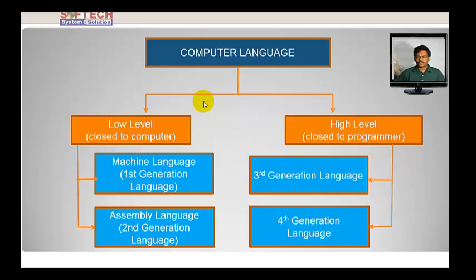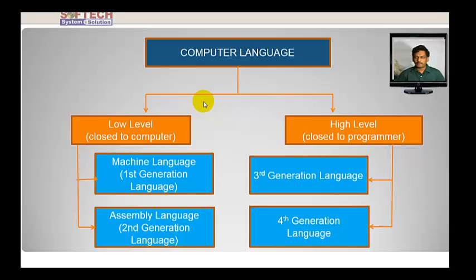The common usage of language is to communicate between two entities. It may be human to human, or human and machine. Human languages communicate between humans. If we want to give some information to another person, we need language. Human languages are like English, Hindi, Telugu, Kannada, French.